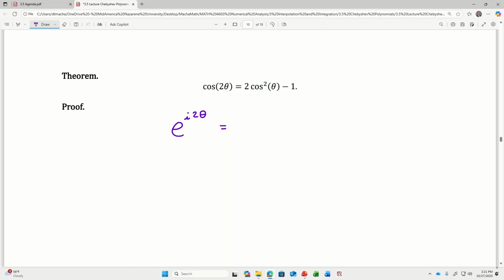And then on the right side, I'm going to remember a property of exponents that says e to the i 2 theta is equal to e to the i theta raised to the power of 2. Yeah, you remember that one?